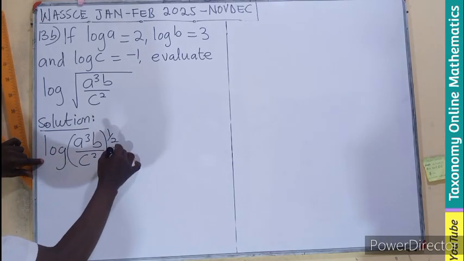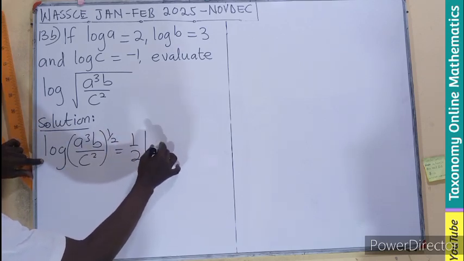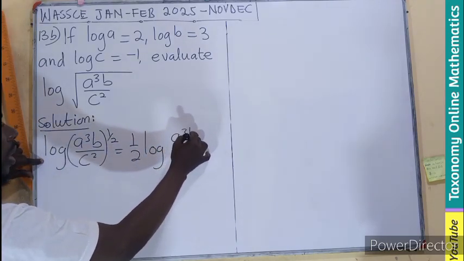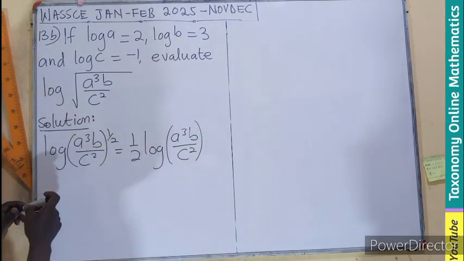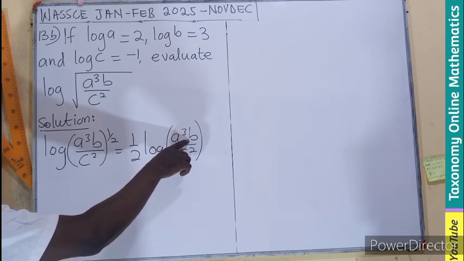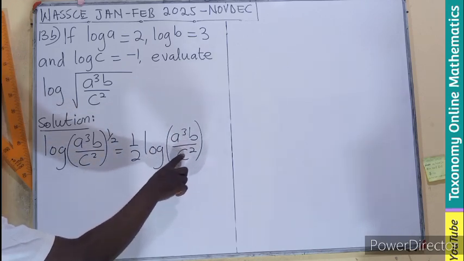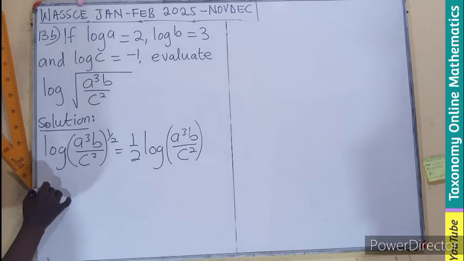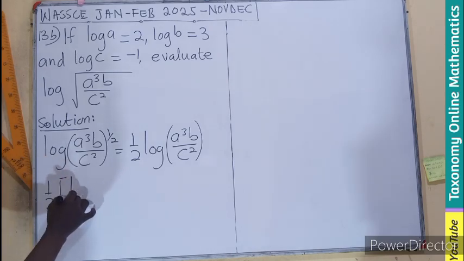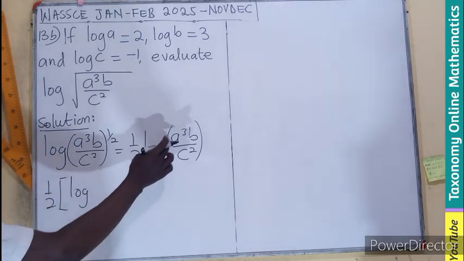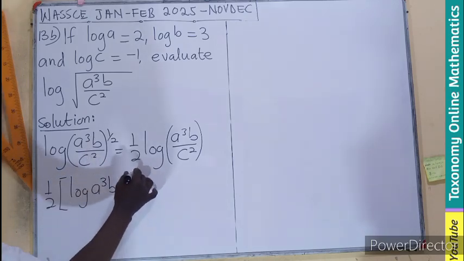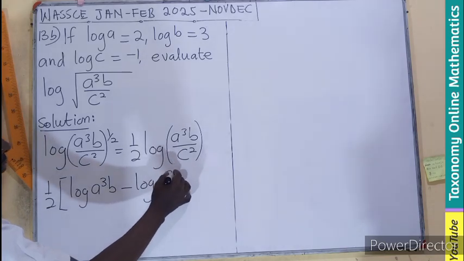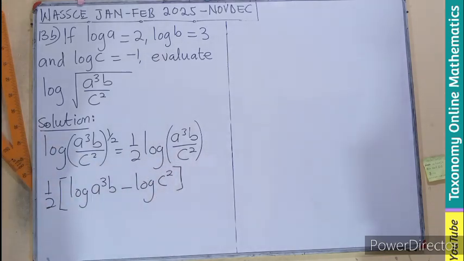The power comes to multiply. So I have 1 over 2, the log of a to the power 3b over c squared. Remember, the multiplication here is addition, and the division here is subtraction. So I can have 1 over 2 taken care of. Then I have the logarithm of a to the power 3b minus the logarithm of c squared. Remember also here that it is going to be addition.